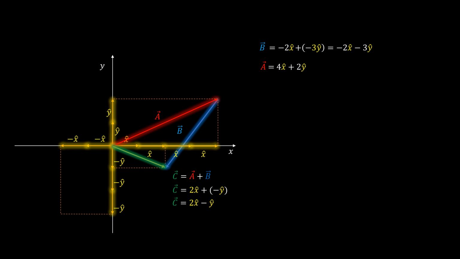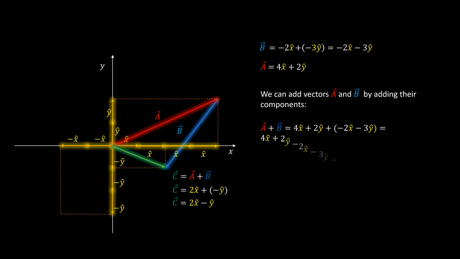Also, we can add vectors A and B by adding their components, like this. By solving this equation, we get the same result as with geometric construction.